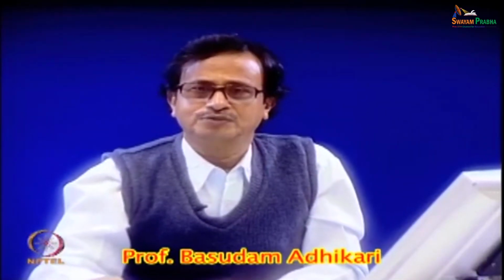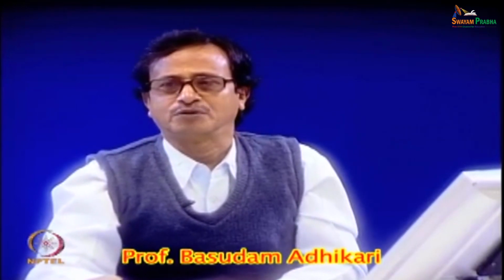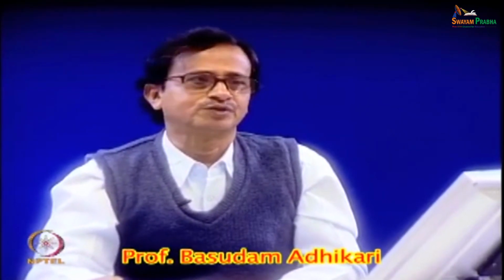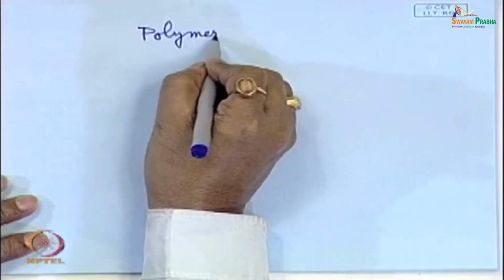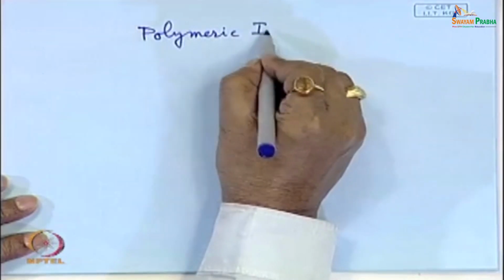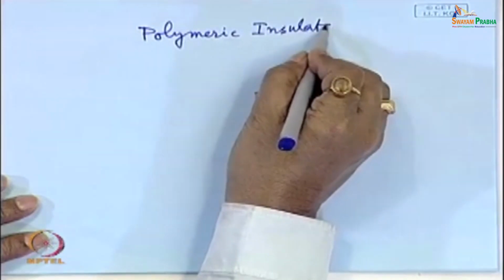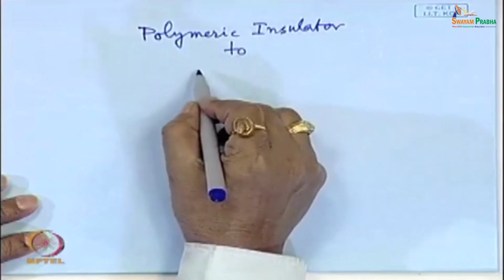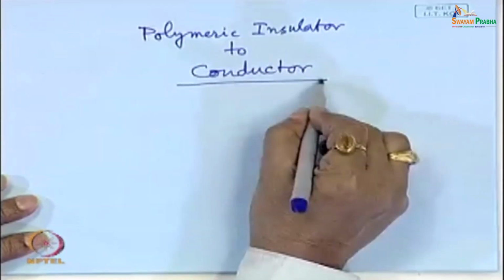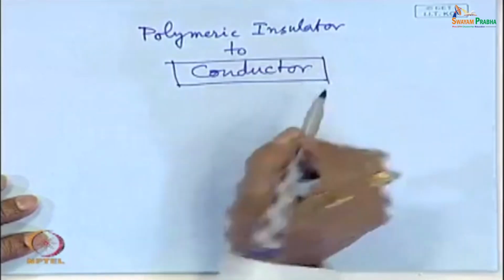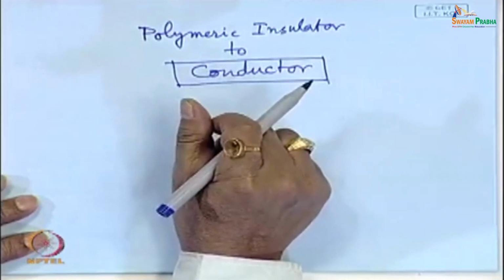Now, we are going to see how a polymer moves from an electrical insulator to an electrical conductor. These are organic molecules.